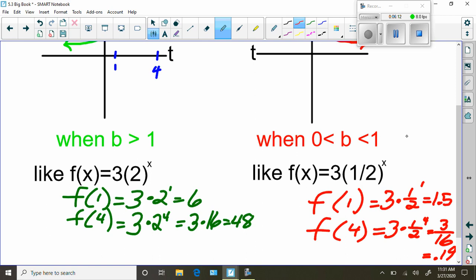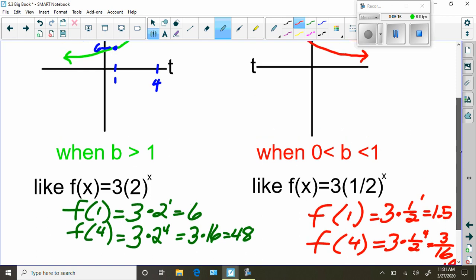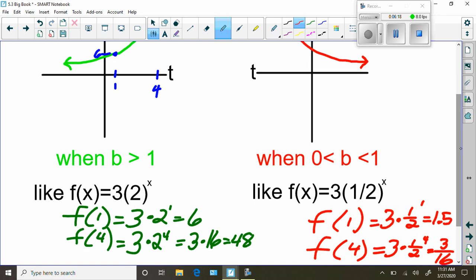Okay, so if I were to graph that, 1.5 and here's what it would look like. So if x was 1, then this dot right here would be at 1.5 up.